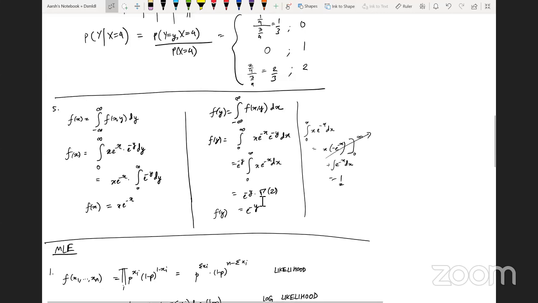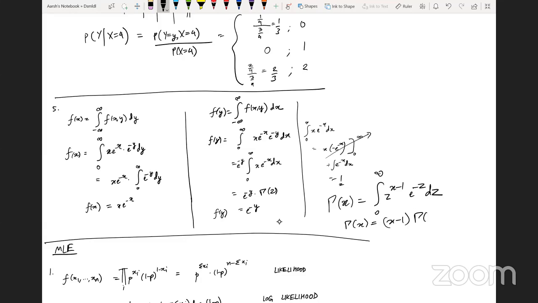The gamma function is essentially gamma of x is the integral from 0 to infinity. And it has a nice property that gamma of x plus 1 equals x gamma of x. So we can use this, and gamma of 1 we have already found here. So gamma of 2 is 1 times gamma of 1, so it is exactly e power minus y. Again, this is for y greater than 0.